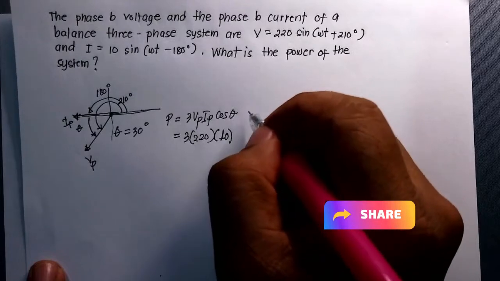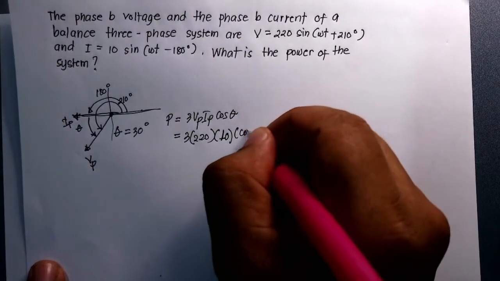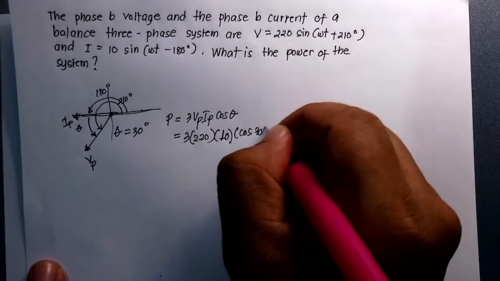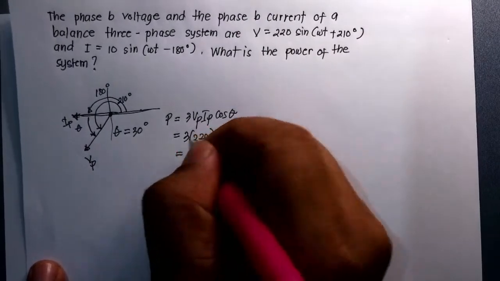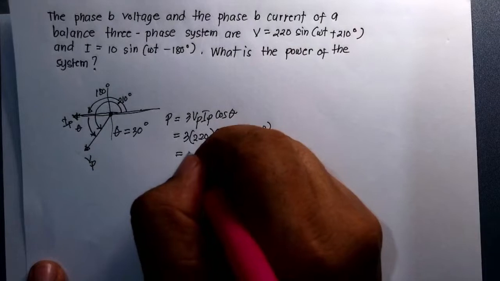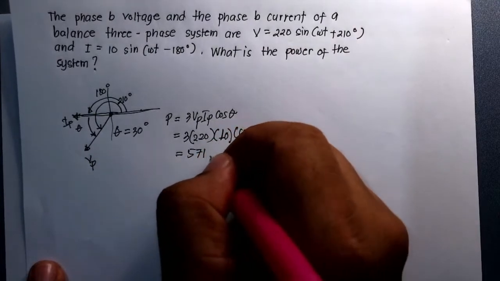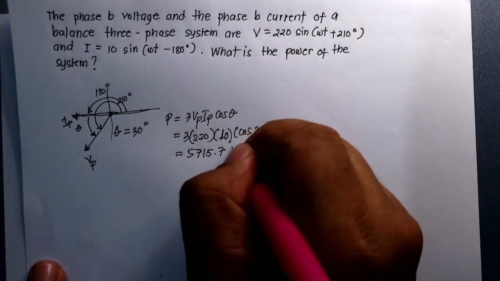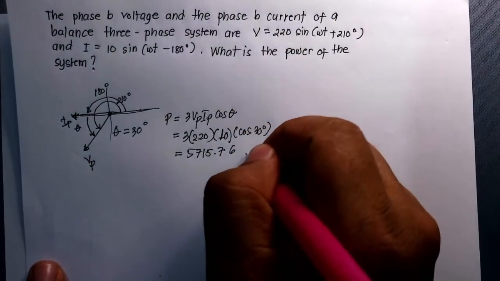And again, the power factor angle is theta, which is 30 degrees. So if you have your calculator, you just directly press it. It will give you 5715.76. Okay, this is in watts.